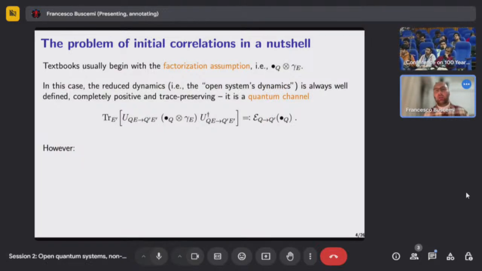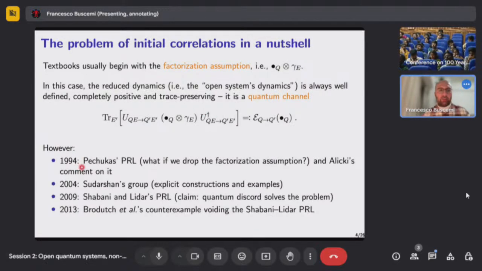So again, you have the guarantee that the process is Markovian, in the sense that even though it is open, even though it involves interaction with an environment, the reduced state of the system at a later time t1 can be predicted knowing the state of the system at time t0 and nothing else, if you know the channel. So this is the usual assumption, but this assumption has been challenged.